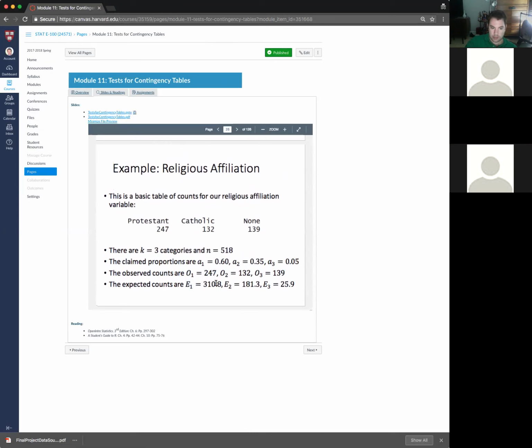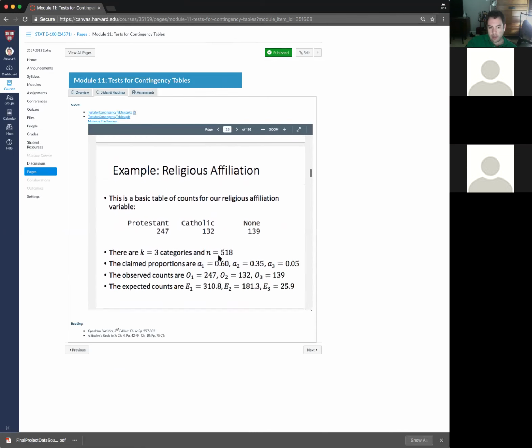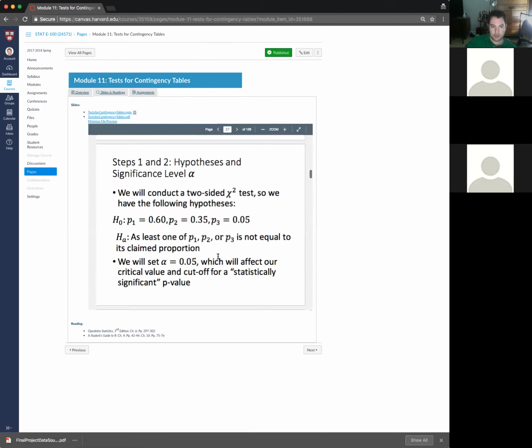So what we would do is take 310.8 minus 247, and then we have to square that, and then divide that by 310.8. And then we're going to add that to each of the different ones and come up with a chi-squared. So you should be able to do that. And we said that the critical value was about 6.